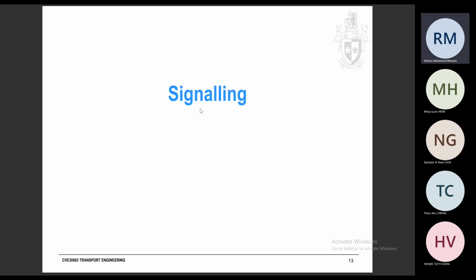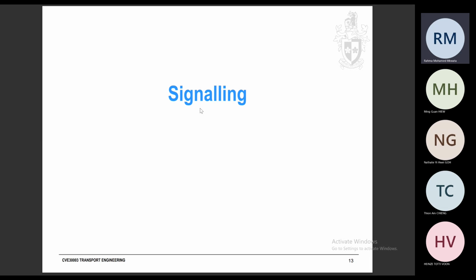Now let's move on to signaling. This is under operational signaling. If you follow the news, I think from last year in Malaysia, in KL, there was a collision in the metro system, sorry, not metro system, but the LRT system, where 200 plus people were injured on board. 2 trains collided because they suspected some sort of miscommunication from the communication center.